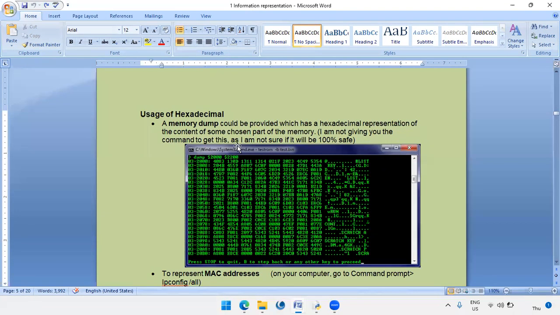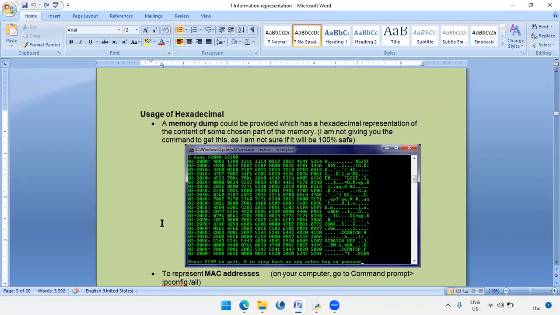Usage of hexadecimal. A memory dump could be provided which has a hexadecimal representation of the content of some chosen part of the memory. I'm not giving you how to get this because I'm not quite sure whether it is 100% safe. Anyway, the dump is given like this. It shows the condition of the memory at that time.